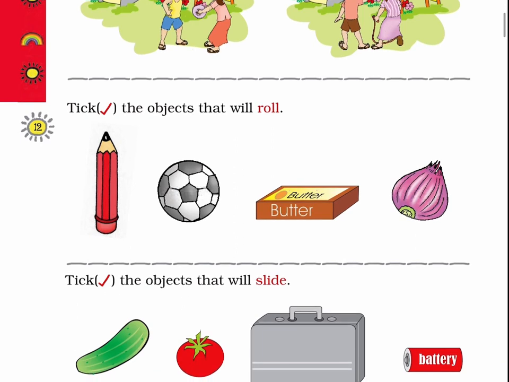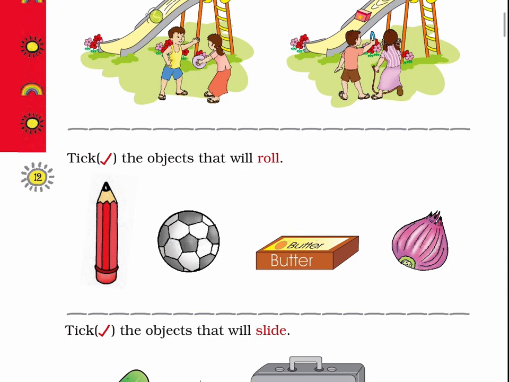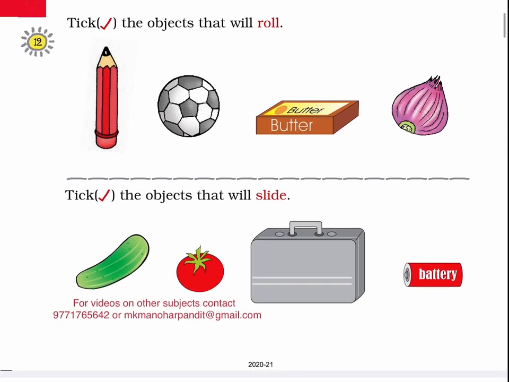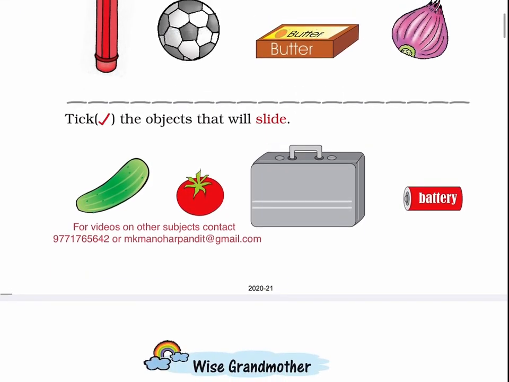Question 1. Identify and tick mark the object that will roll. Picture 3 shows 4 objects: a cucumber, a tomato, a suitcase, and a battery. Question 2. Identify and tick mark the objects that will slide.